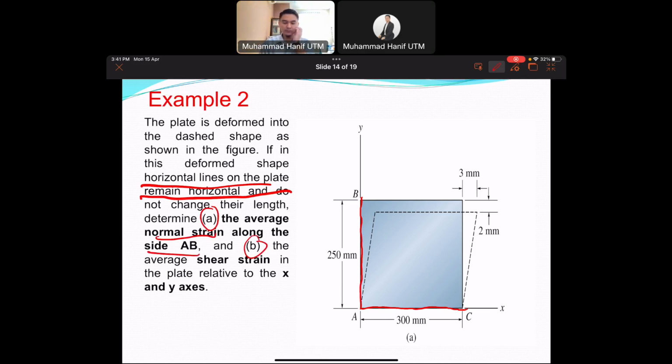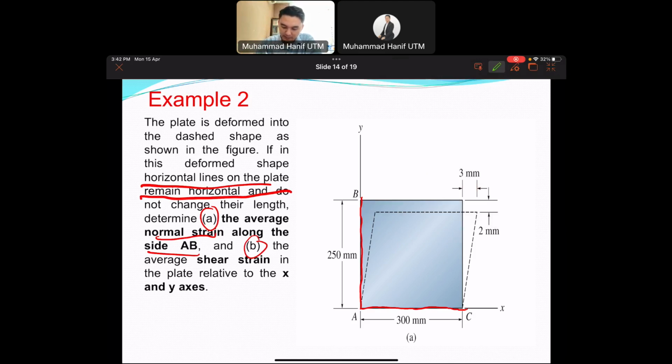And number two is you have to find the average shear strain in the plate relative to the x and y axes. So we have two axes, x and y, and you have to find the shear strain. I will just give a clue for the second one: the shear strain should occur at the change in angle.